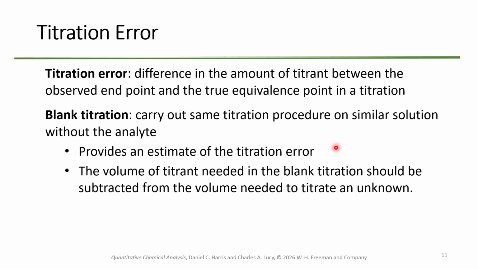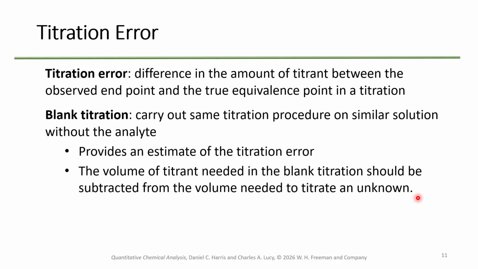This would have been a very handy thing to do in the lab we did, where you just take literally some of your indicator and do your titration. But we had different indicators to compare in that case. So the volume of the titrant needed in the blank titration should be subtracted from the volume needed to titrate an unknown. Let's think of an example real quick.